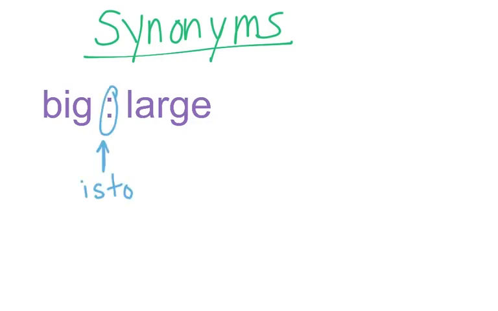And then the next way to add another comparison is to add two colons here in the center. And we read this as the word as. So now I'm going to compare another pair of words that are also synonyms. They by no means need to mean the same thing as our first pair.